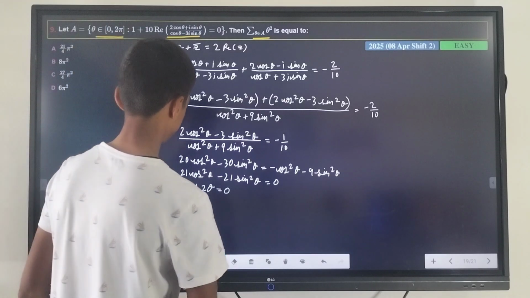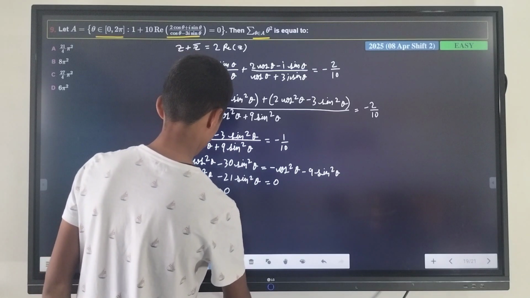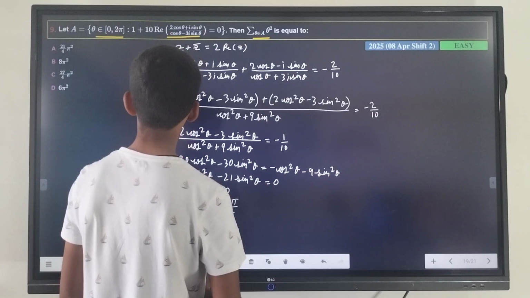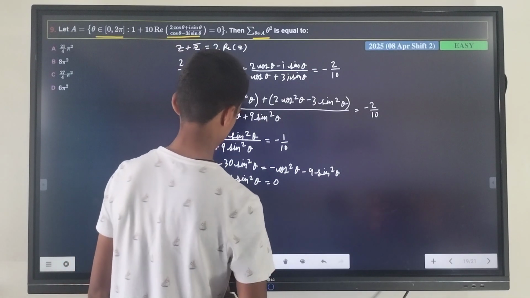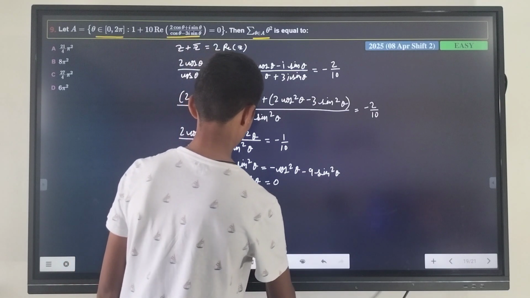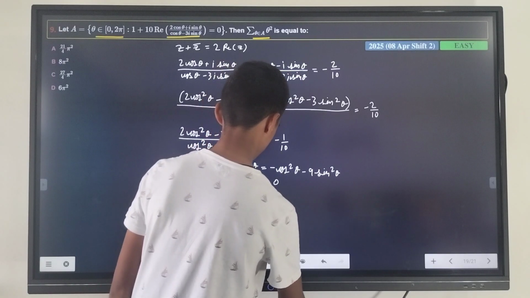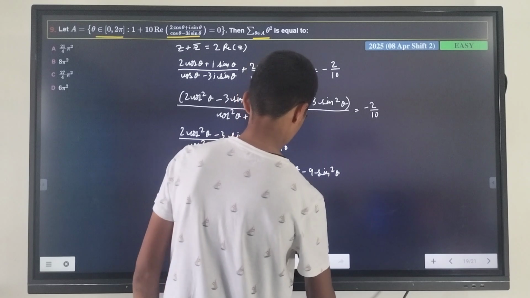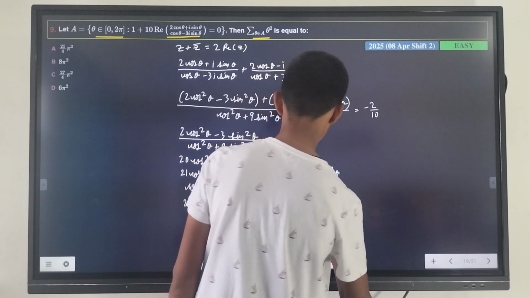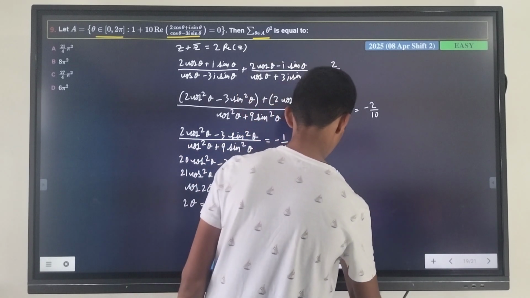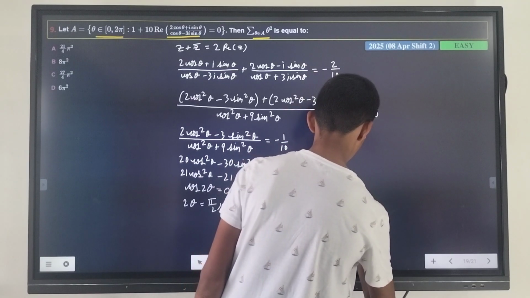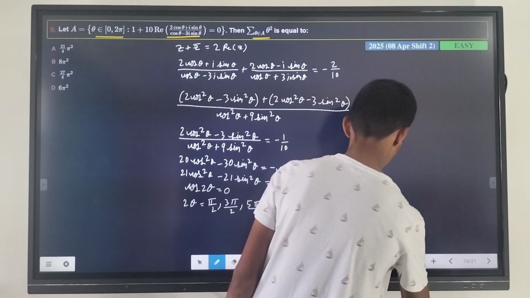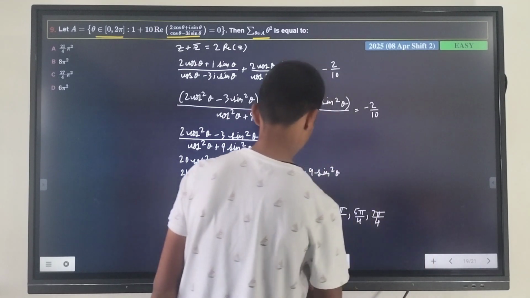So this will be pi by 2, 3 pi by 2, 5 pi by 2, 7 pi by 2. So from here our theta is equal to pi by 4, 3 pi by 4, 5 pi by 4, 7 pi by 4.